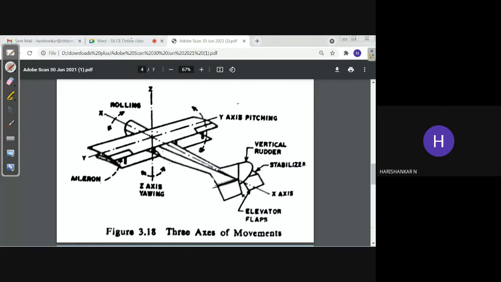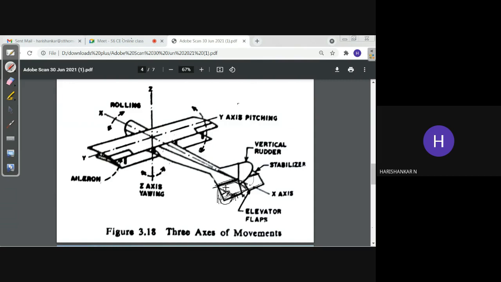So how will it operate? This rotation is possible by the pilot. It can be rotated like this so that it can stay like this, or you can also rotate it downward.